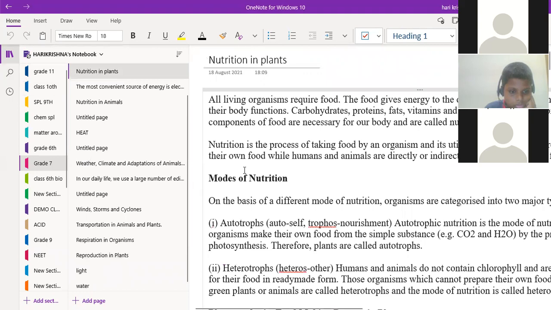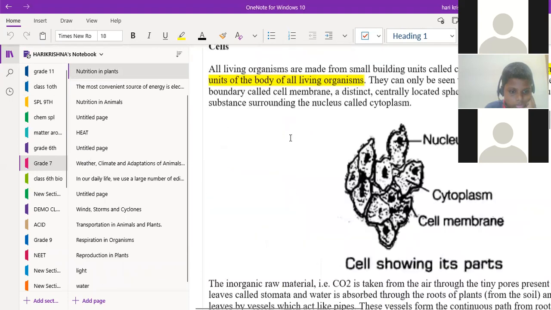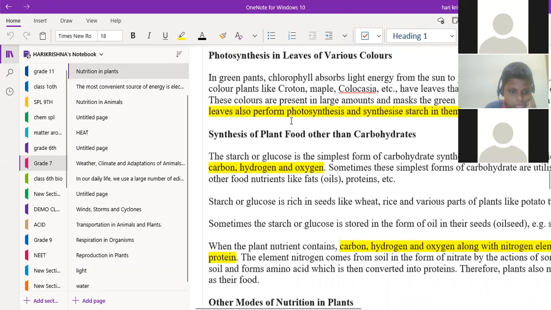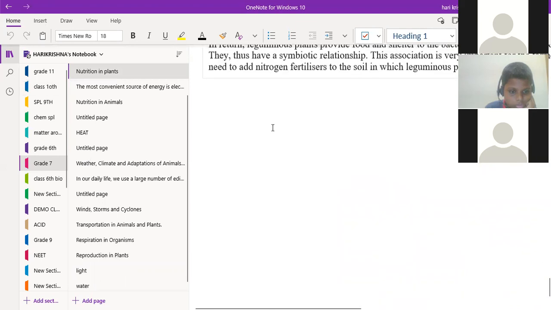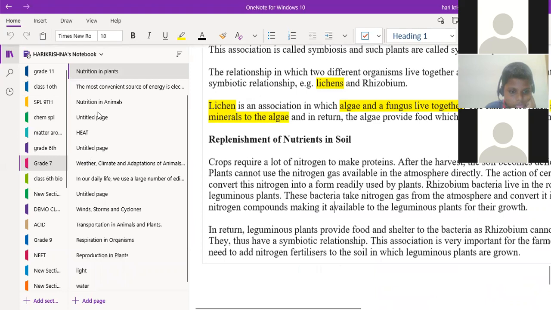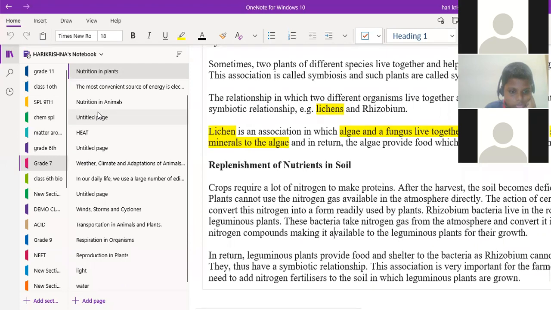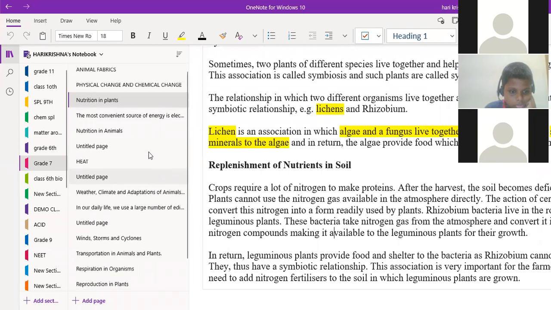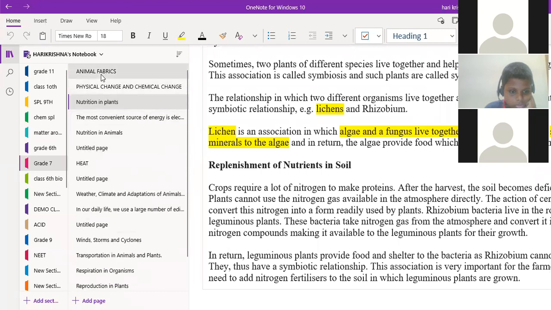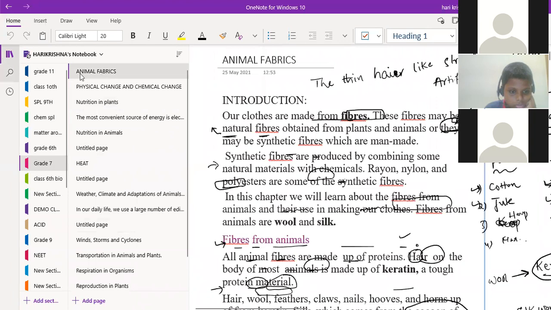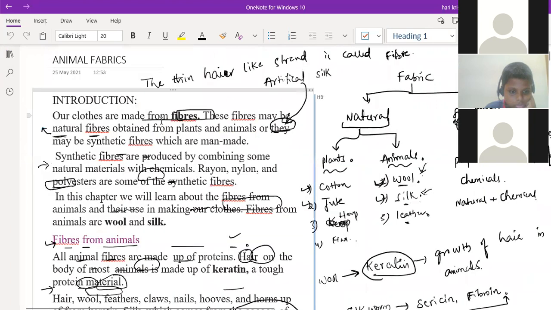Nutrition didn't finish. But I'm telling you that in revision we didn't do the remaining lessons. Okay, so again the previous chapter only. So what is the topic? Animal fabrics. Okay.